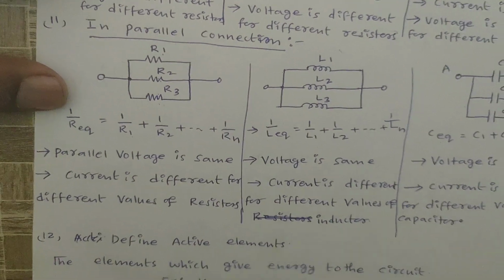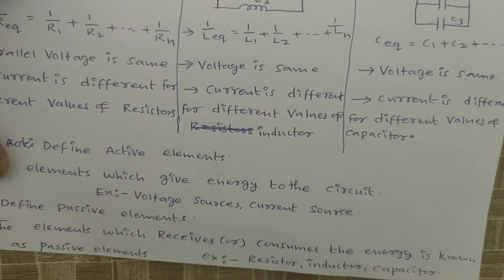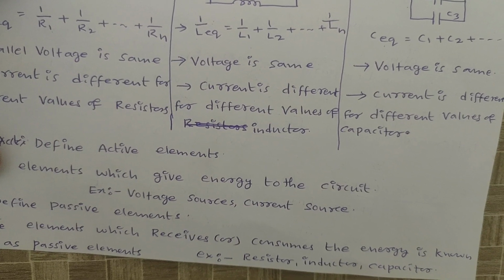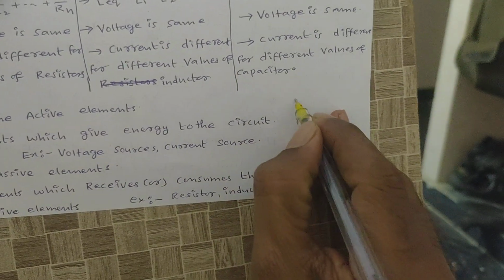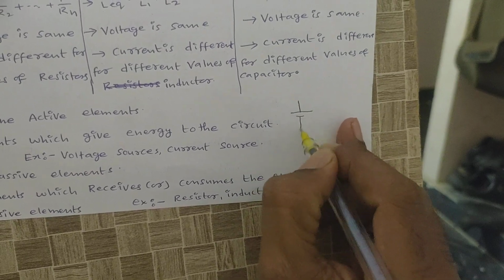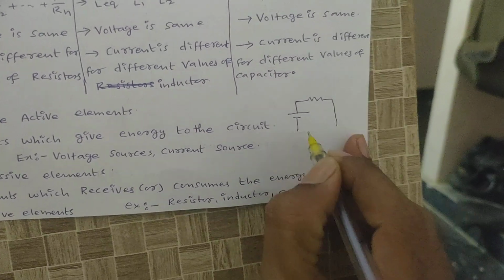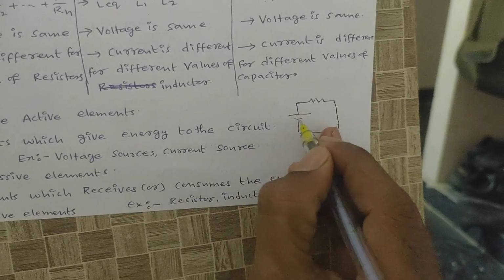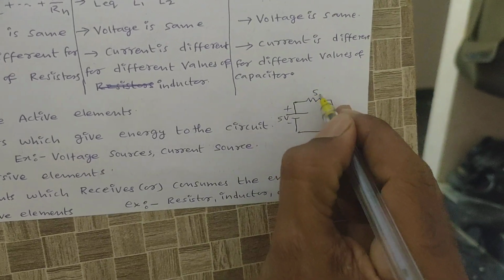Next, define active elements. The elements which give energy to the circuit are active elements. See here, let us consider the same starting circuit diagram, with 5 volts and 5 ohm.